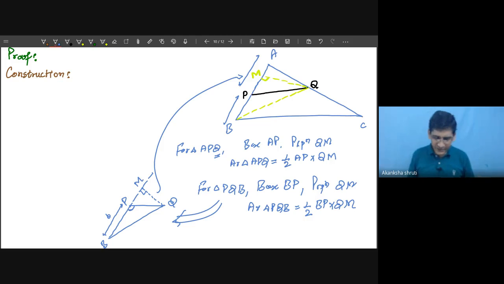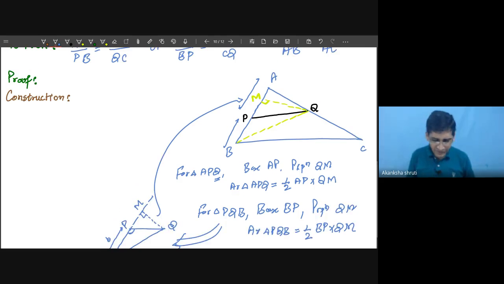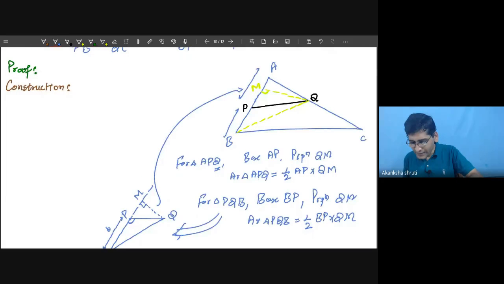Okay, so therefore what is our construction? The construction is, for getting the ratio AP by PB, we have to join Q with B and draw the perpendicular from Q on AP, which is M. Similarly, for getting the ratio for the side AC, we need what?